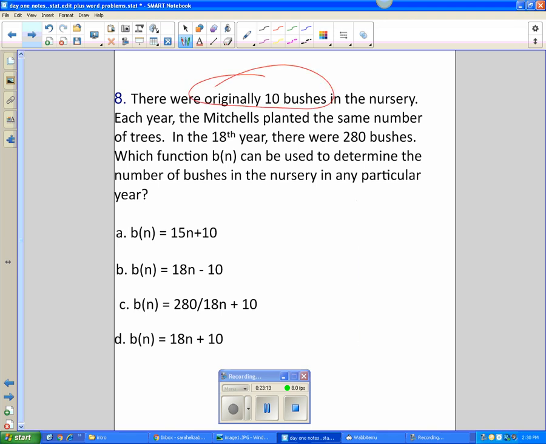Chuck, how do we put originally 10 bushes in our chart? 10 over here. And what number goes with it? It's your starting value. What number do I put if there's not a number for the starting value? 0. It's like having your y-intercept, where you put a 0 with it.